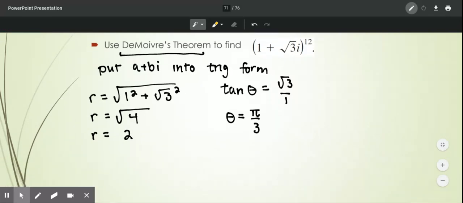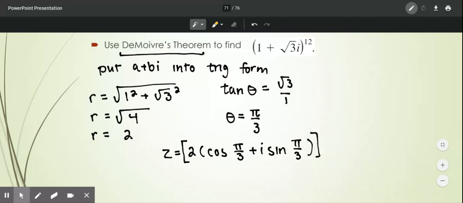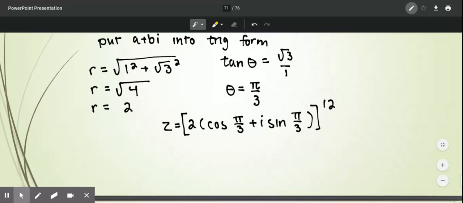So our first step, just rewriting that complex number, we would say is 2 times the cosine of pi over 3 plus i sine pi over 3. And then we want to take that whole thing and raise it to the 12th power. When we raise that to the 12th, we take the r and raise it to the 12th, and then we take our theta and multiply it by whatever the power was.